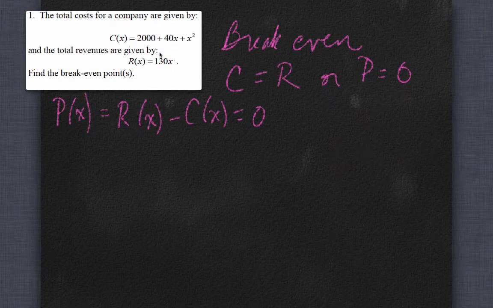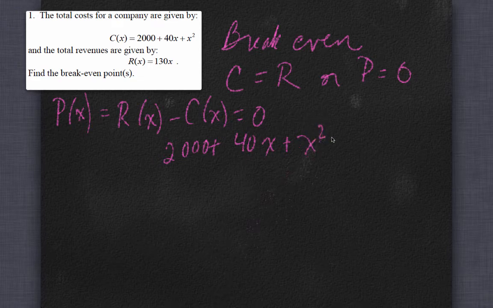Okay, so we set these equal. And we see a quadratic, and then we remember from algebra that we need to set this equal to 0.